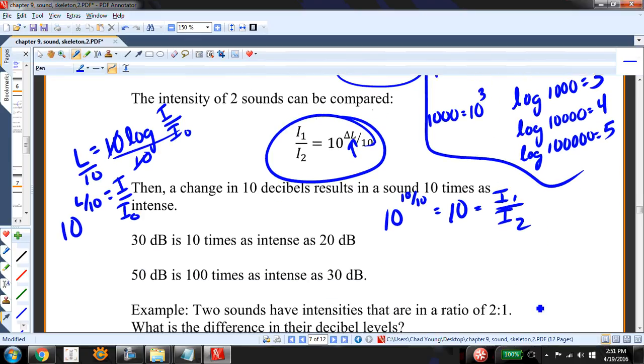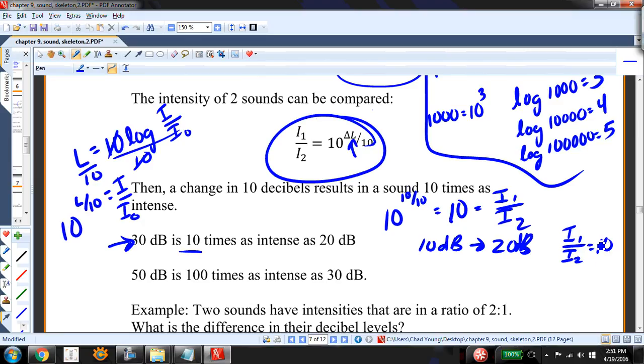Therefore, if I go from 20 to 30 decibels, it's going to be 10 times as intense. If I go from 10 decibels to 20 decibels, I1 over I2 will equal 10. It has 10 times the intensity.